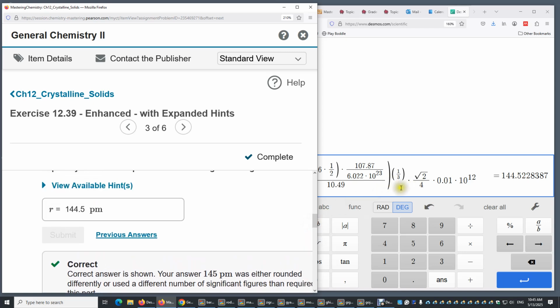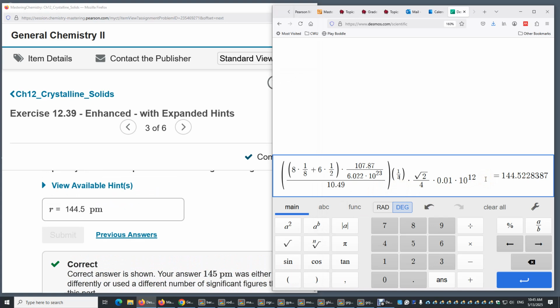Now let's review the equation. So first, we need to know the edge length of 1 cubic unit cell. How do we get the edge length? It's going to be the cubic root of the volume.